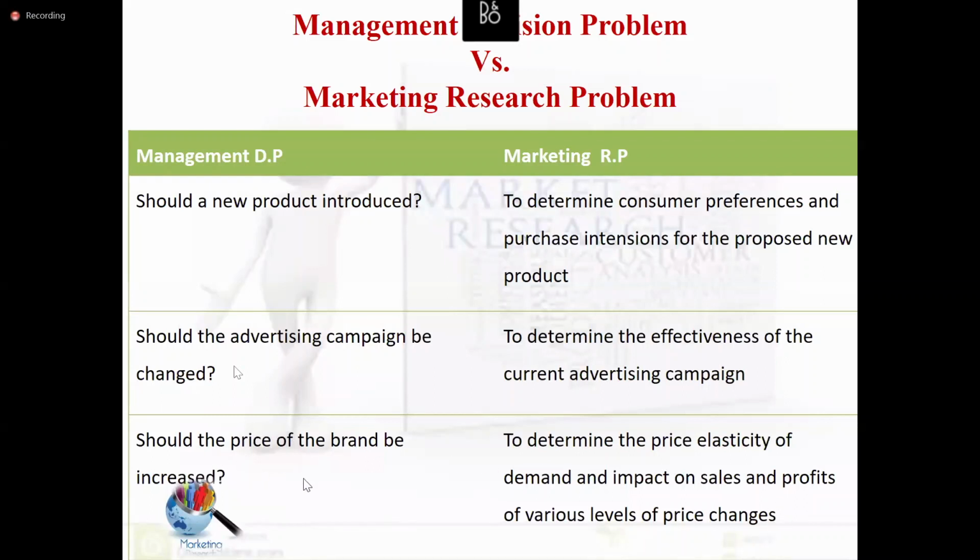So this is the connectivity between the price and the brand. Therefore, here we have to find out the price elasticity, and whether the price changes could have an impact on the sales and profits that we are having. Okay, right. So this is turning into a marketing research problem.